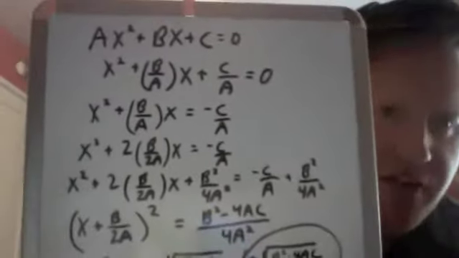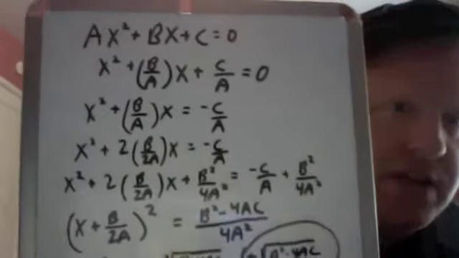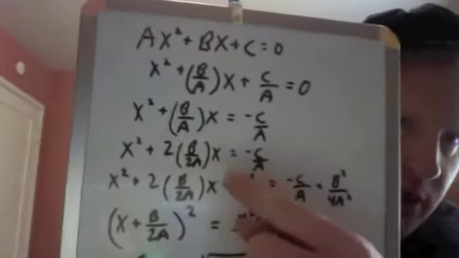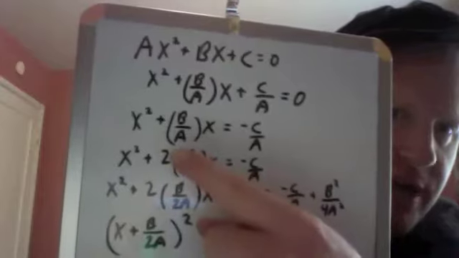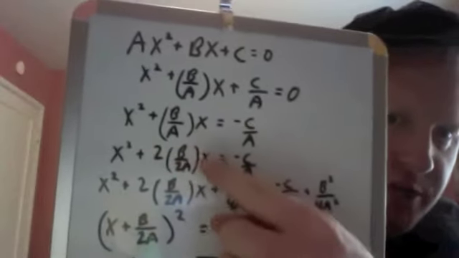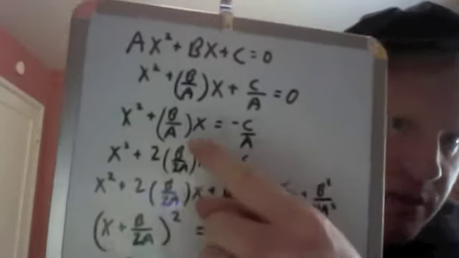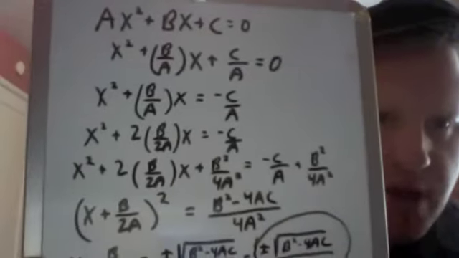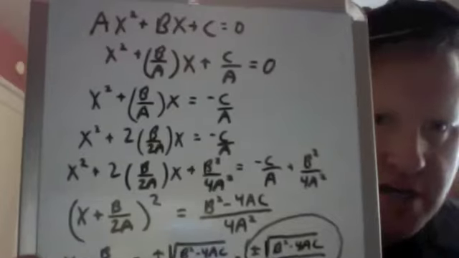I'm factoring both a 2 and a 1/2 out of my b over a x. So I have 2 times 1/2 times b over a x, but I'm going to leave it as 2 times b over 2a x. You'll see why I'm doing something so crazy in just a minute.